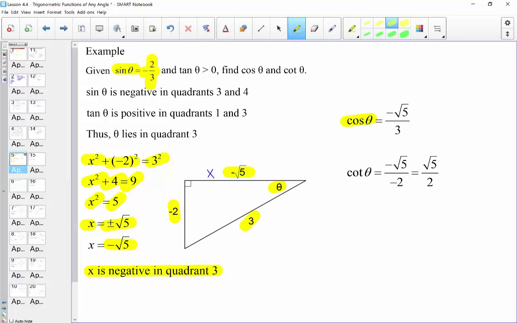The cosine of theta is equal to the adjacent side, negative square root of 5, over the hypotenuse, 3. The cotangent of theta is equal to the adjacent side, negative square root of 5, over the opposite side, -2. The negatives cancel out, and we're left with the square root of 5 over 2.